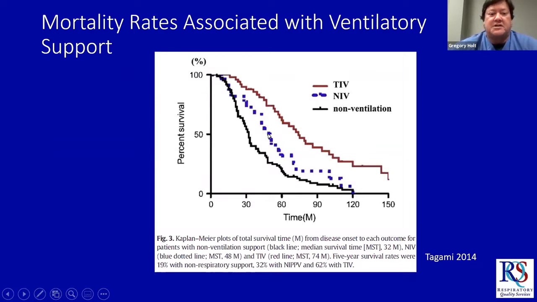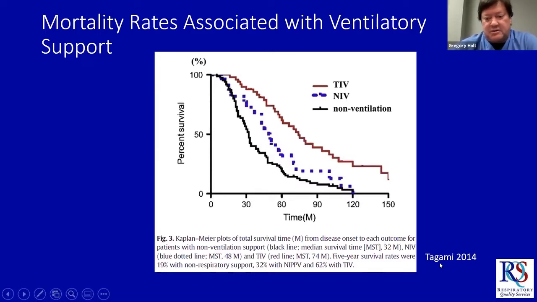By about 40, 45 months, half of the patients on non-invasive ventilation are surviving. And then way out here, the 50% survival curve is up past around 80 months or so. So definitely, using tracheostomy and invasive ventilation extends survivability in the ALS population. So it's a big thing.